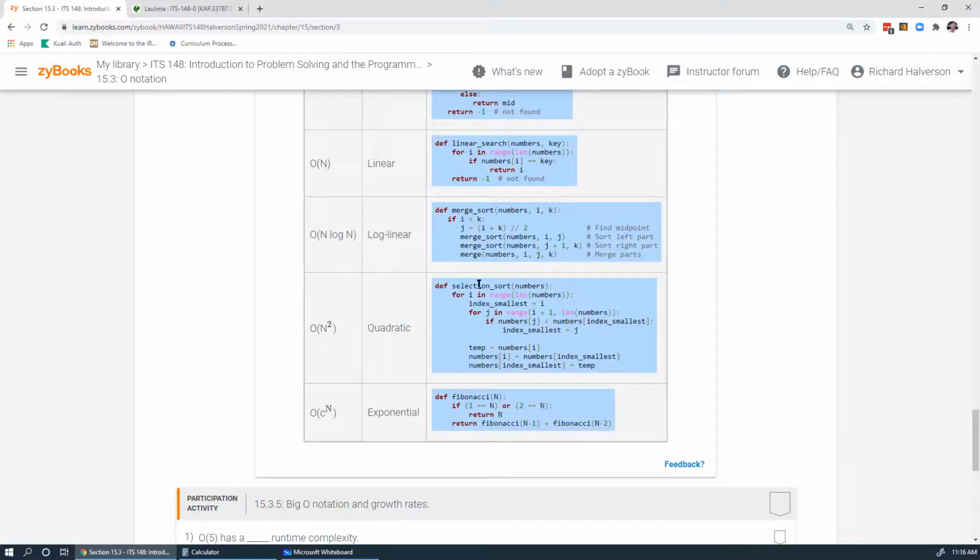The more simple sorts that we cover, selection sort, bubble sort, and insertion sort, and there are variations of bubble and so on, are all n squared, because for each element you basically go through the list again.